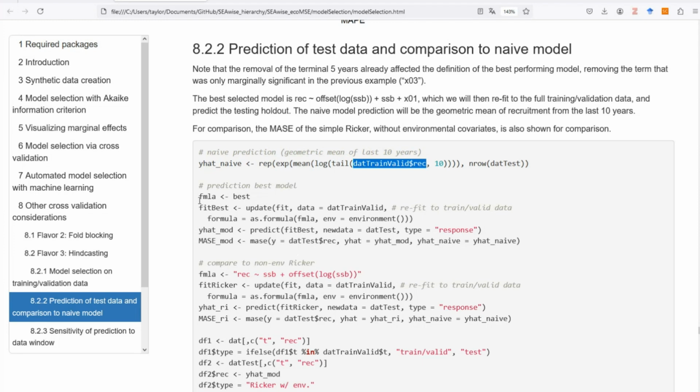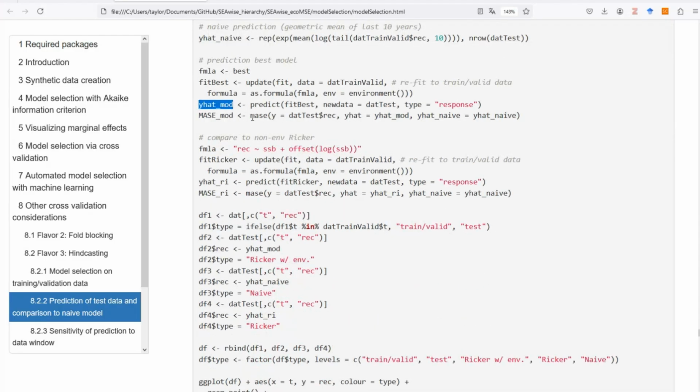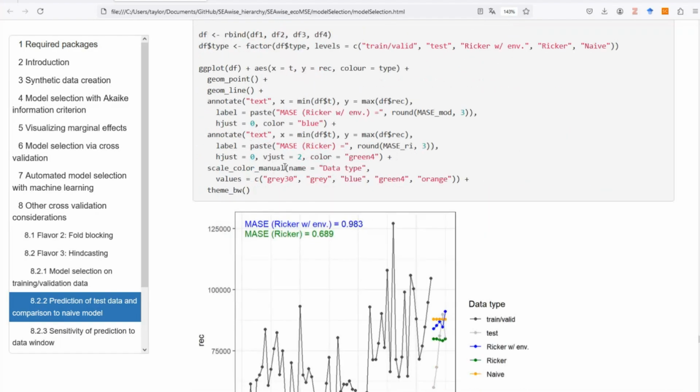And I'm predicting the best model. Then I have the MASE statistic, which is calculated based on the observations for Y, the predictions for my best model, and the naive prediction. And just for comparison, I'm showing the MASE for the non-environmentally mediated RICR. And the rest is just setting up the plot.